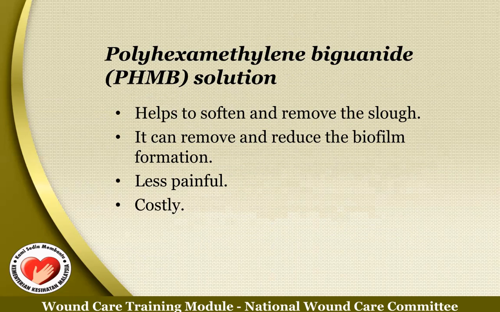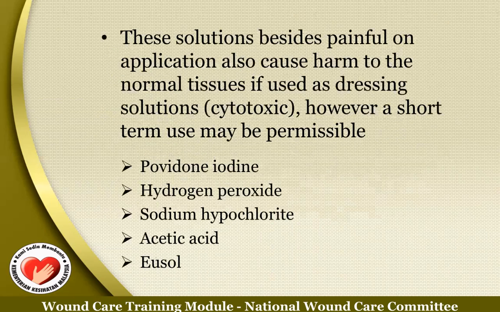Polyhexamethylene biguanide PHMB solution, usually we call it by a brand name called Prontosan. It is helpful in softening and removing the slough. It can remove and reduce the biofilm formation, less painful comparatively to superoxide solution. However, it's very costly.